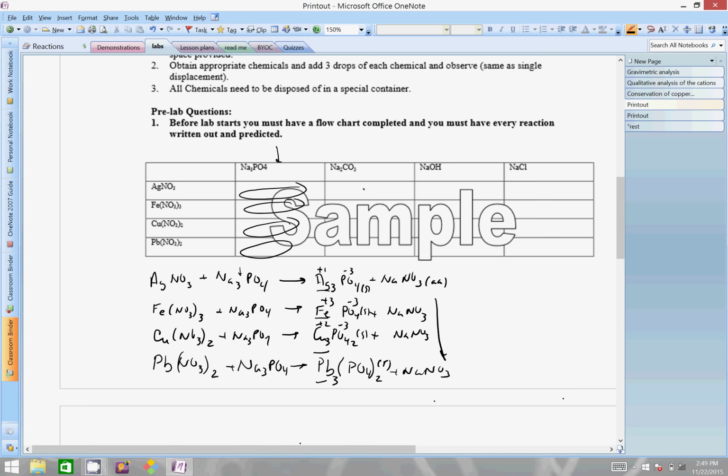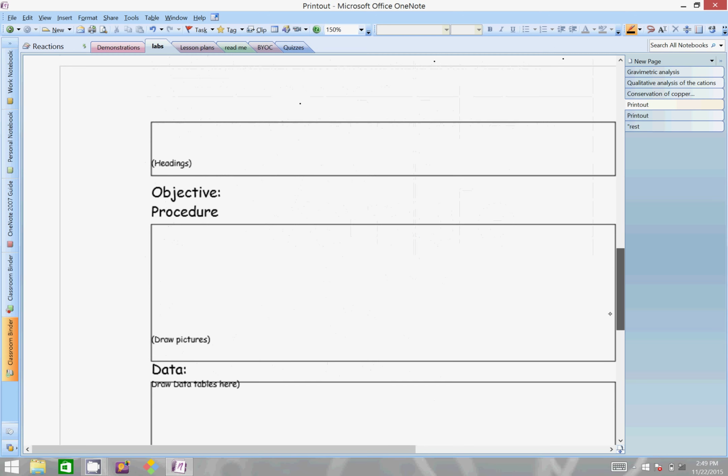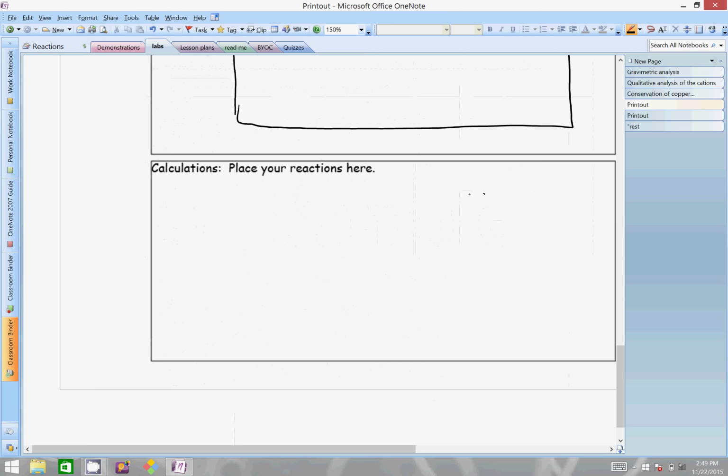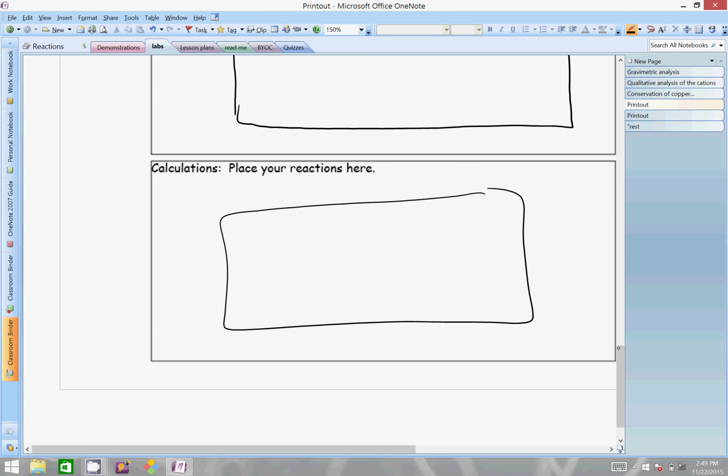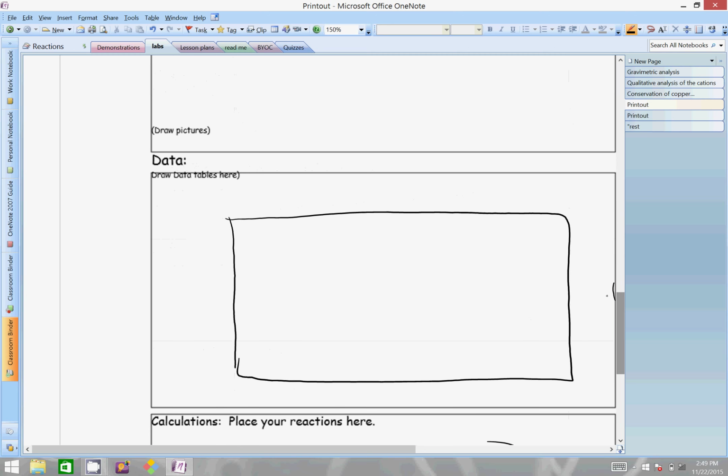You would want to do the rest of them, either on a separate sheet of paper, or if you can squeeze them into this area right here on your data sheet. So our first part of our data sheet is starting to take place. Na3PO4.